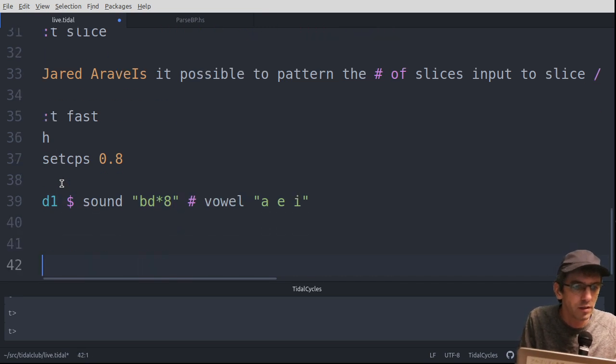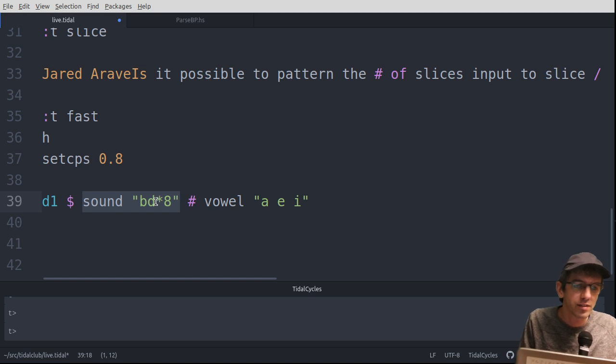So this hash is doing quite a lot. It is taking two control patterns, one that controls the vowels and one that controls the sounds that are used.